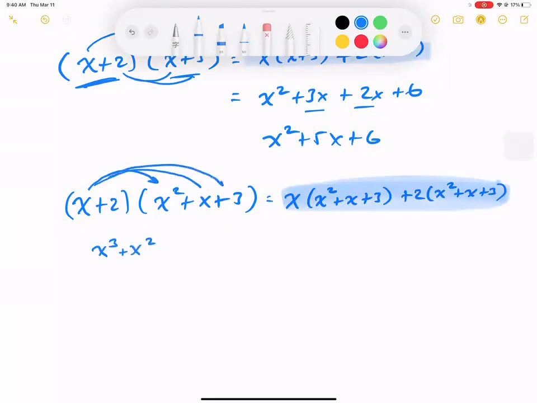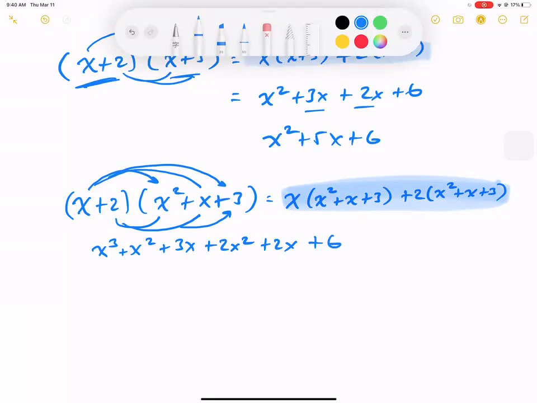X times 3 is plus 3x. Now, what we could do is we could write this as one long line, and let's do this right now. 2 times x squared is 2x squared. 2 times x is 2x. And 2 times 3 is 6.